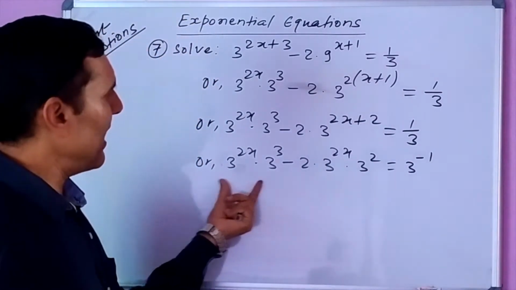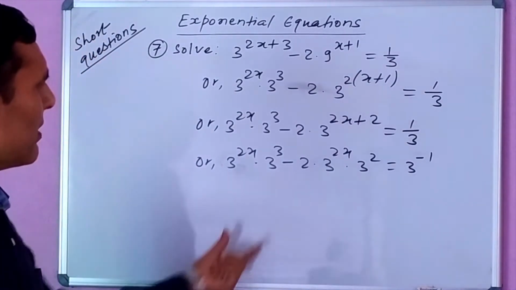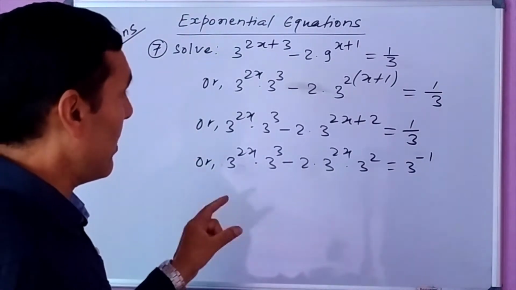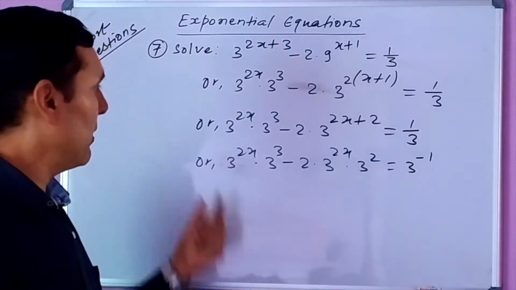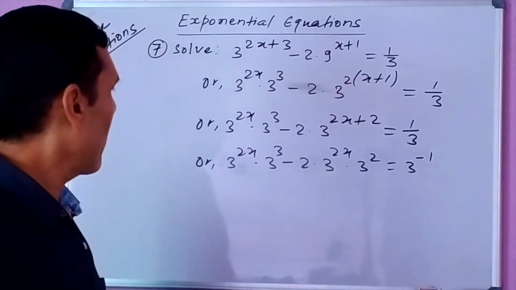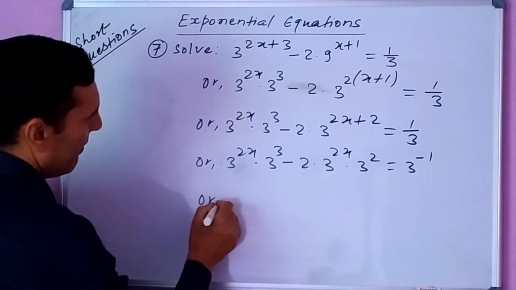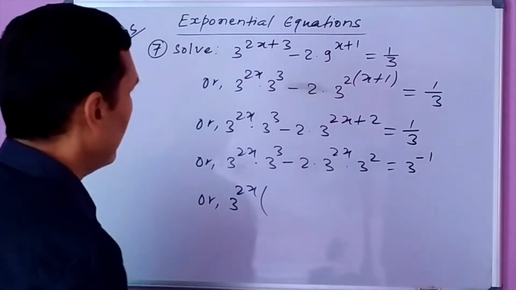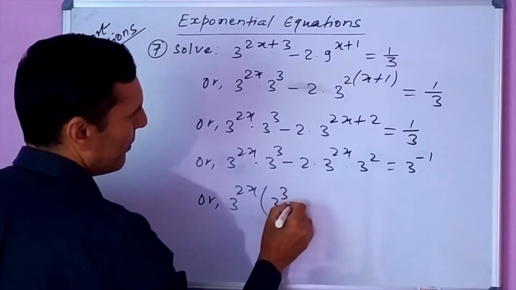Now in the left hand side, in the two terms I am taking 3 to the power 2x common. We can take 3 square also, but I am not taking 3 square. I am taking the common only as 3 to the power 2x, so that it will be easier for us to simplify. After taking 3 to the power 2x common, what will be remaining there? 3 to the power 3, 3 cube, which is 27.